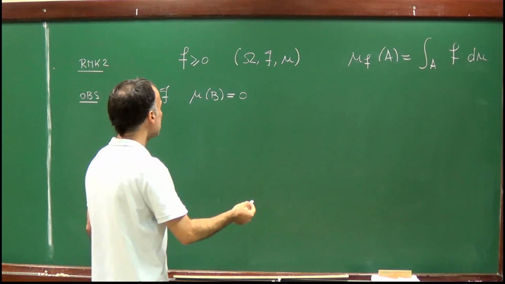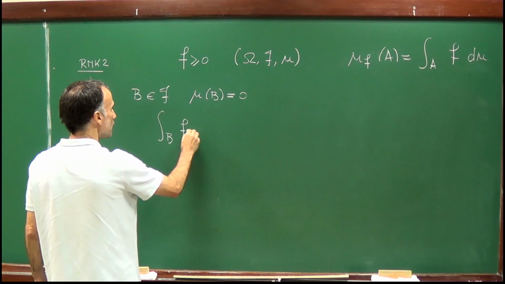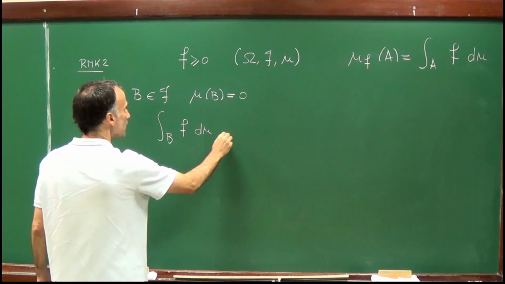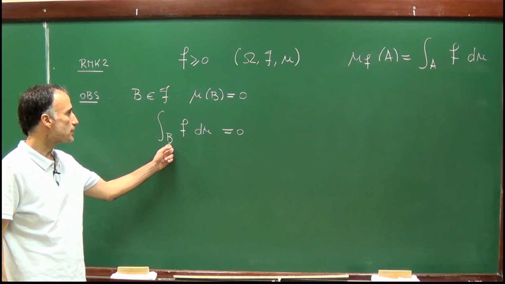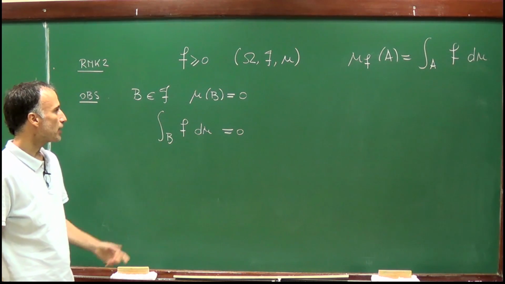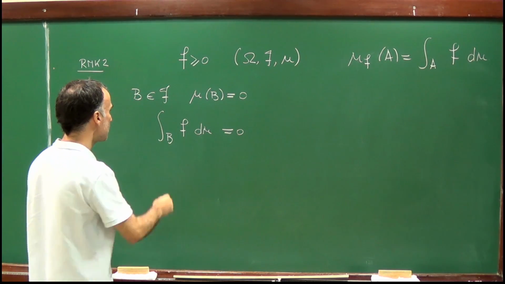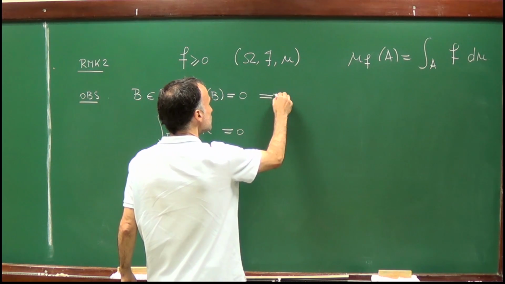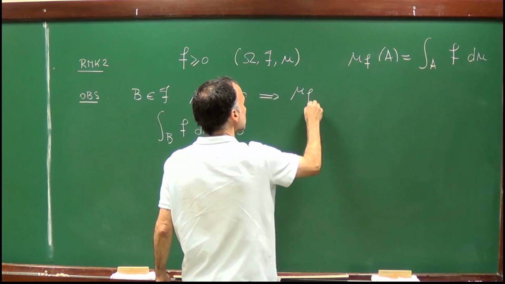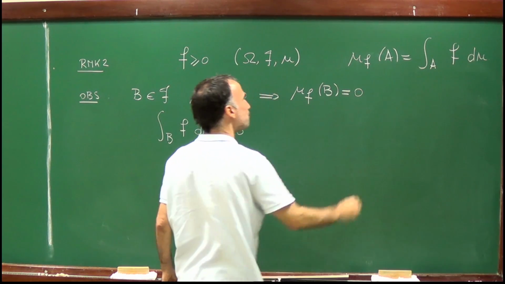Well, we have seen that in this case the integral over B of the function f is equal to 0. Since B has measure 0, the integral of f is equal to 0. And this is exactly mu_f of B. So if mu of B is equal to 0, then what we get is that mu_f of B is equal to 0.